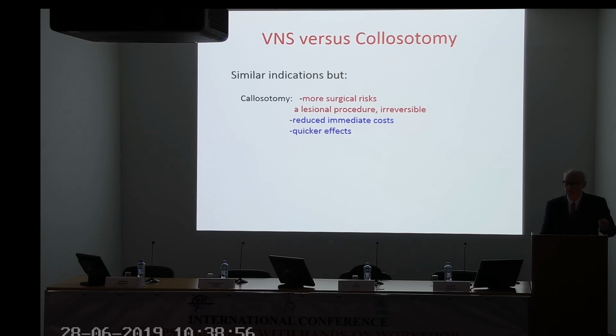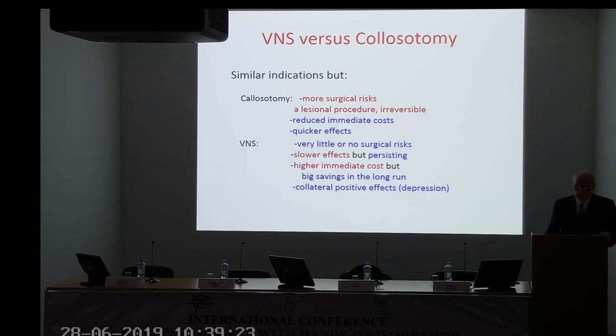For instance, if you have a child of 3 months with catastrophic epilepsy and you need to have a quick effect, it's much better to go on and do a callosotomy than to have vagal nerve stimulation that takes months to be effective. So if you need a quicker effect, callosotomy is the correct choice.